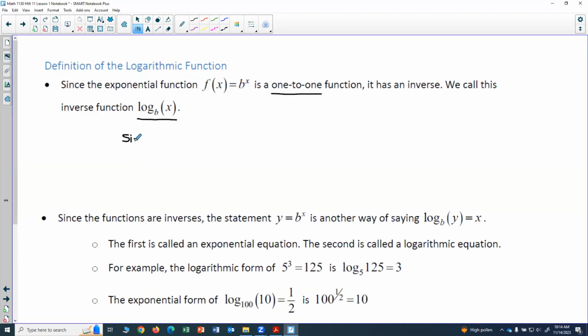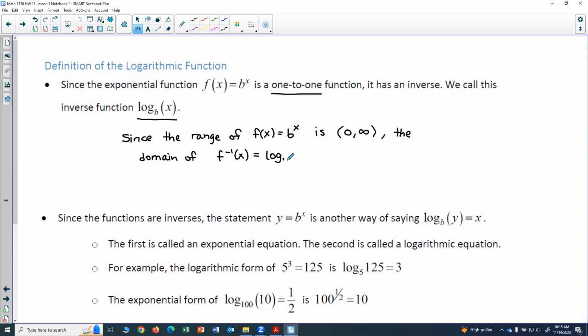So since the range of f of x equals b to the x is 0 to infinity with a parentheses, that tells us that the domain of g of x, or f inverse x, we could say, the domain of f inverse x, which is log base b of x, is going to be 0 to infinity.